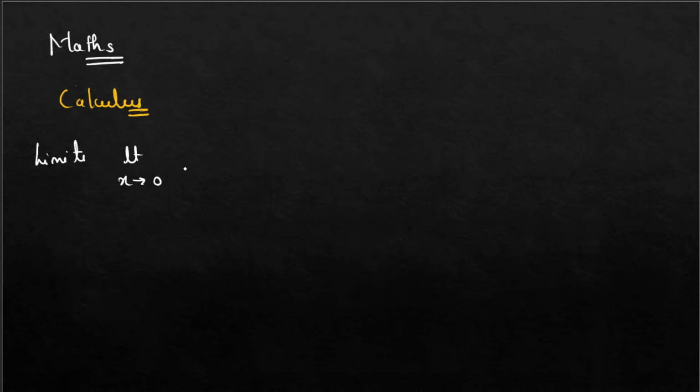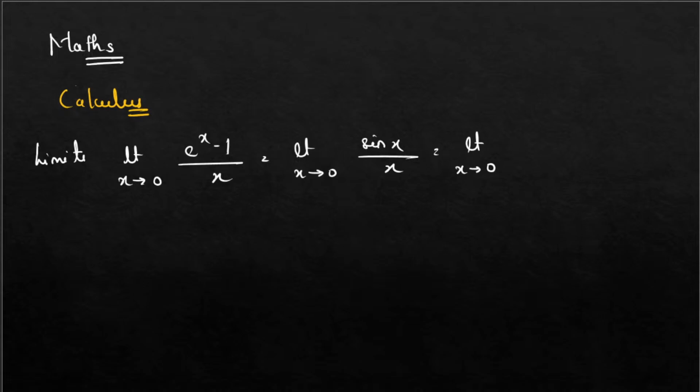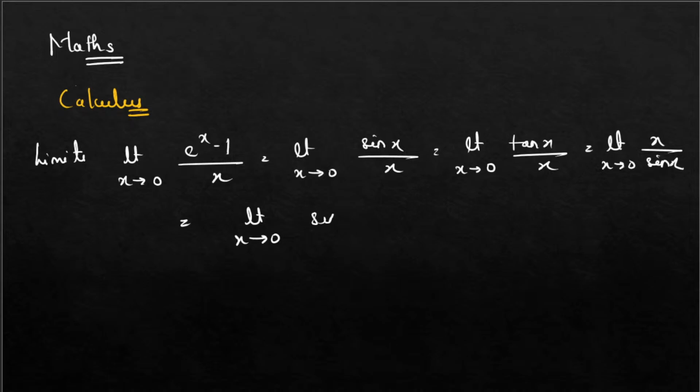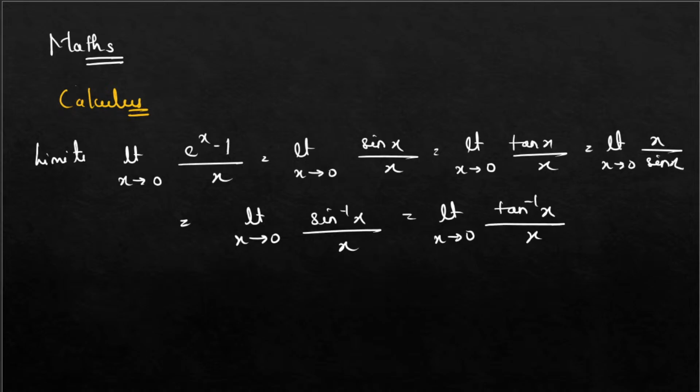Limit x tends to 0 of (e^x minus 1) by x, which is the same as limit x tends to 0 of sin x by x, and limit x tends to 0 of tan x by x, which equals limit x tends to 0 of x by sin x, which equals limit x tends to 0 of sin inverse x by x, equals limit x tends to 0 of tan inverse x by x, and all of this equals 1.